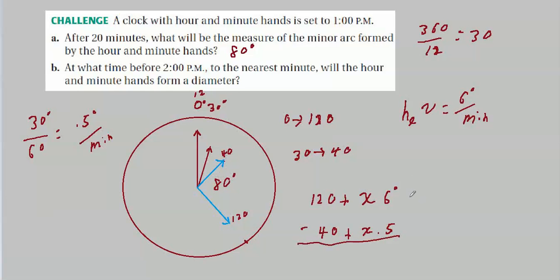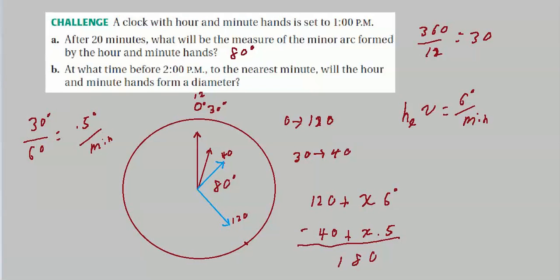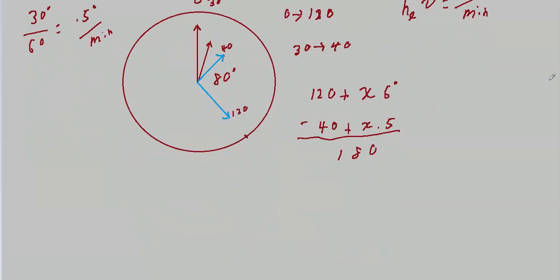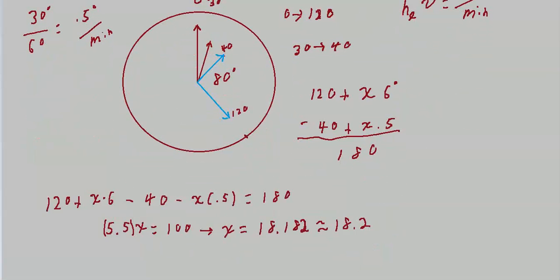And what happens is this has to equal 180. So we have to find x. So let's give ourselves a little room and do that. We've got 120.